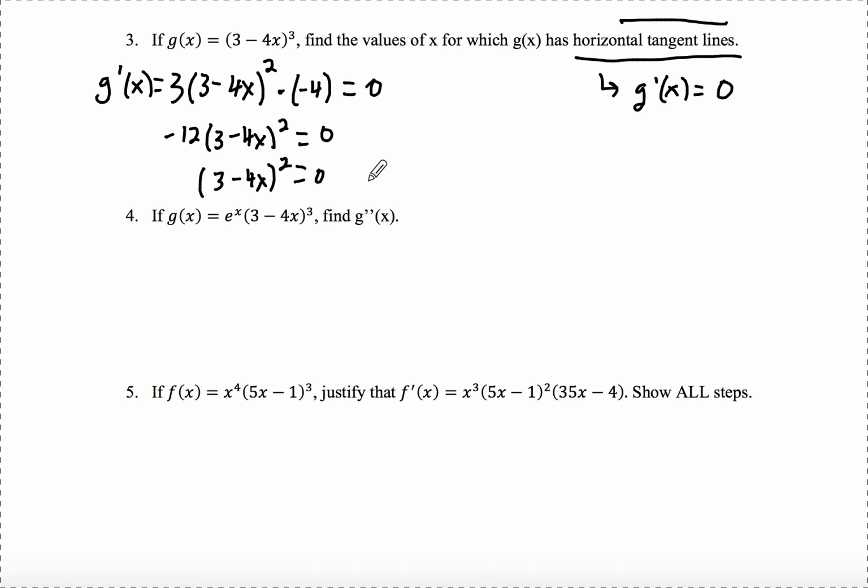I can take the square root if I want to. Well, that just leads us to the fact that wherever 3 minus 4x is 0 is going to make the square of that 0. So we solve this equation, and we get x has to be 3/4. There we go. When x is 3/4, the derivative will be 0.